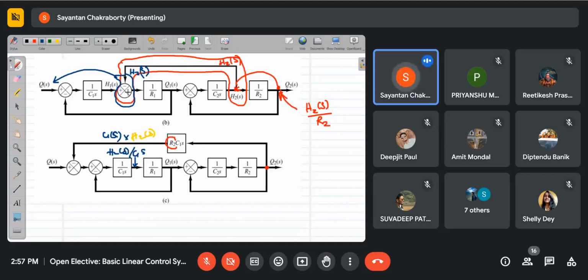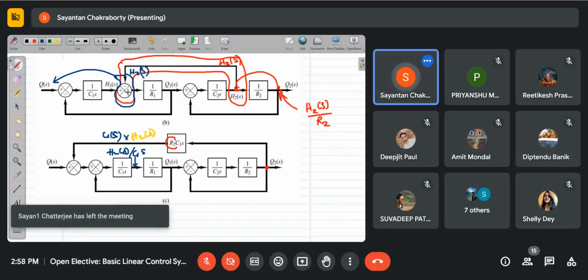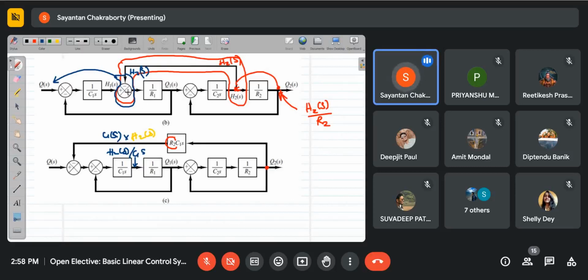By making these slight adjustments, this is basically block diagram algebra. Now I can recast them in this form. Now what is the advantage of this form? See, this is an individual loop and this is an individual loop.